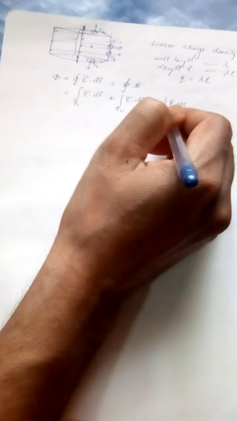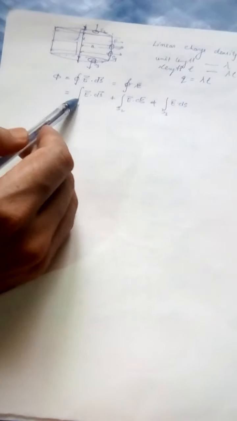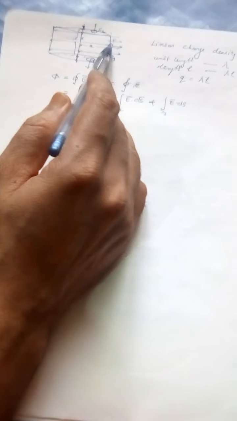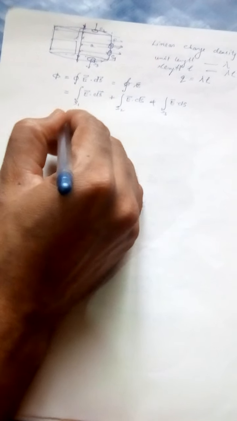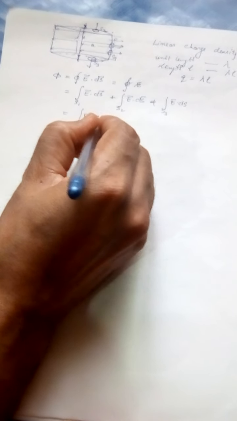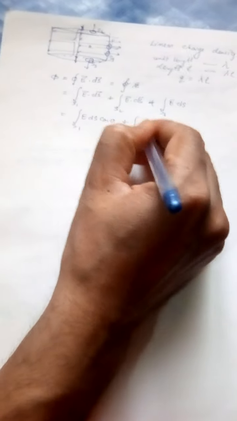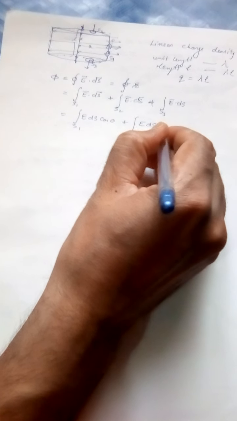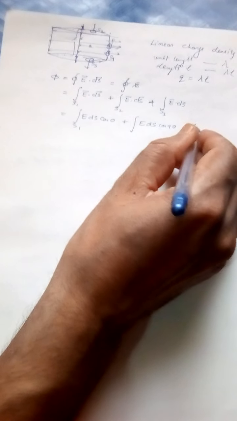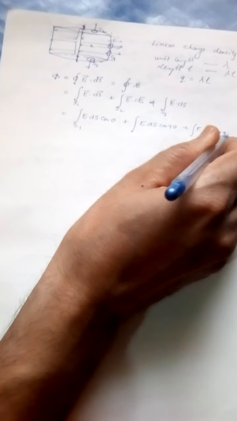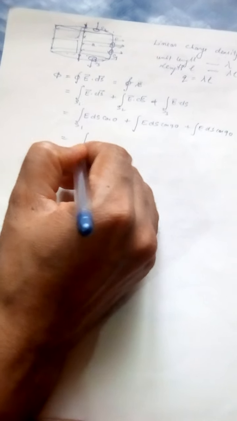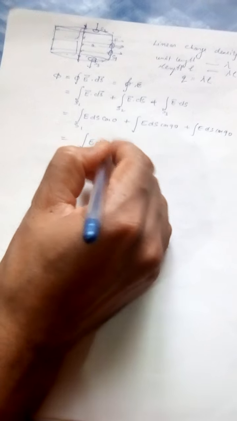So you can see, students, that we have divided the closed surface into three open surfaces. In the first case, S1, what is the angle? 0. So this is E ds cos 0. Second, the angle between E and ds is 90 degrees, so E ds cos 90. Third, also E ds cos 90. Cos 90 is 0, so these terms will vanish. So only the first remains, and cos 0 is 1.